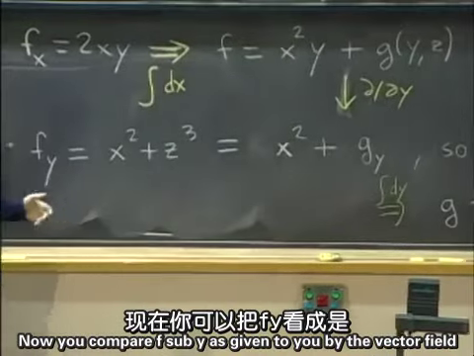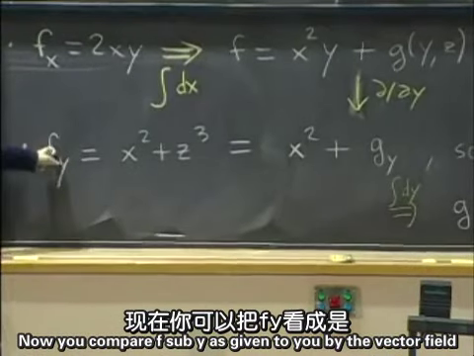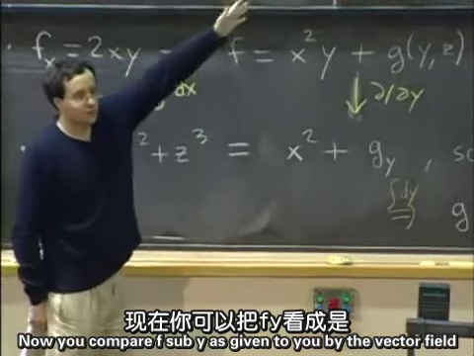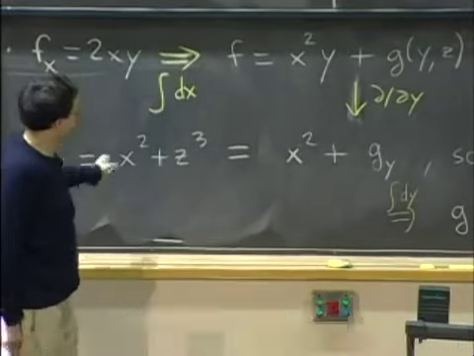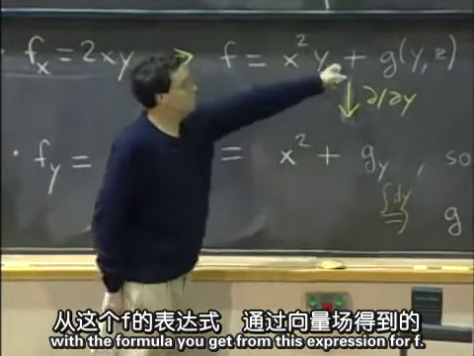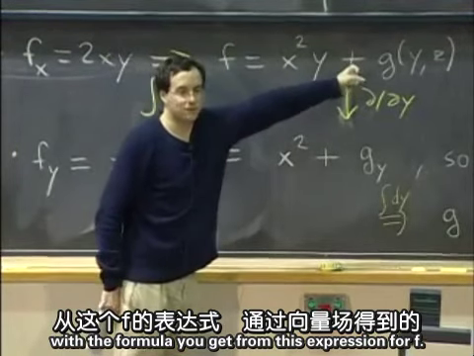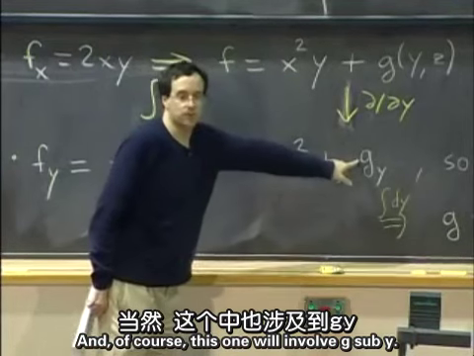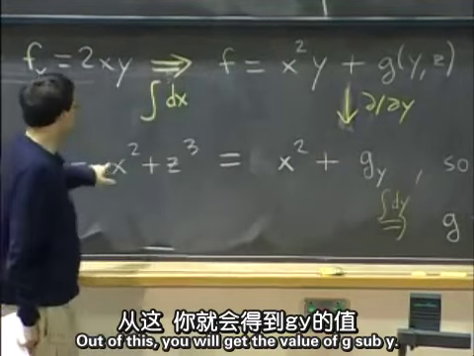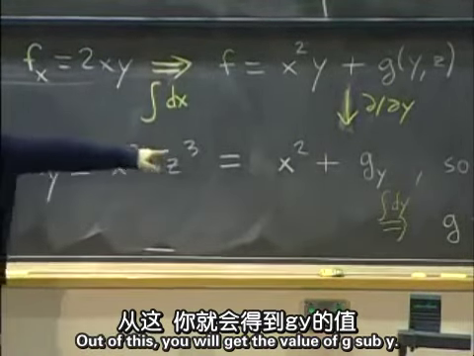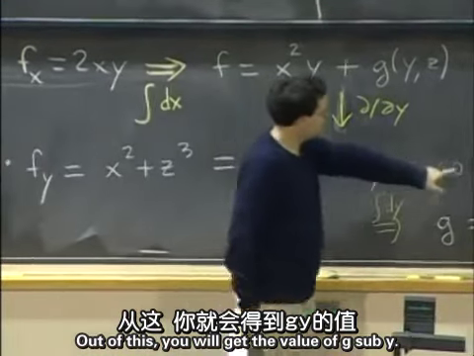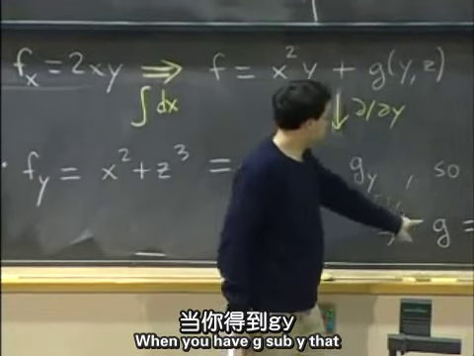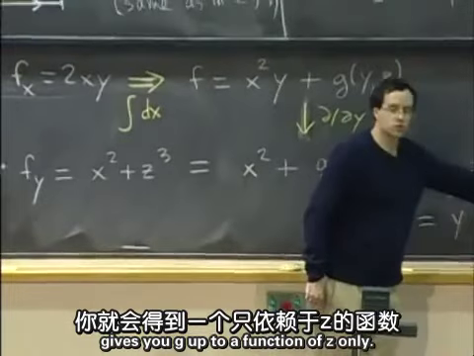Now you compare f sub y as given to you by the vector field with the formula that you get from this expression for f. Of course, this one will involve g sub y. So out of this, you will get the value of g sub y. When you have g sub y, that gives you g up to a function of z only.